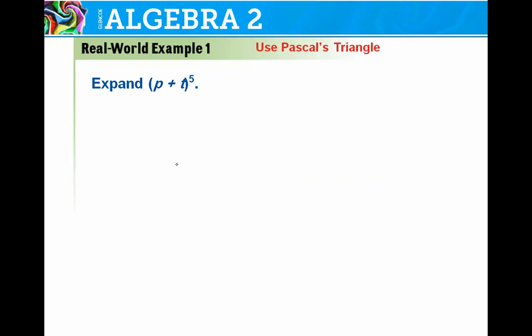First, when we need to expand, you need to know how many terms we have. This depends on the power. The power here is 5, so we will have 6 terms.